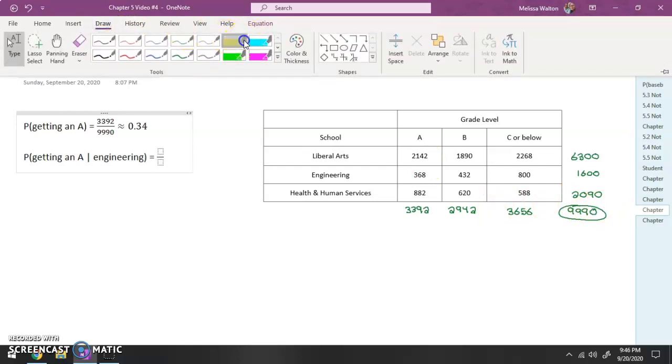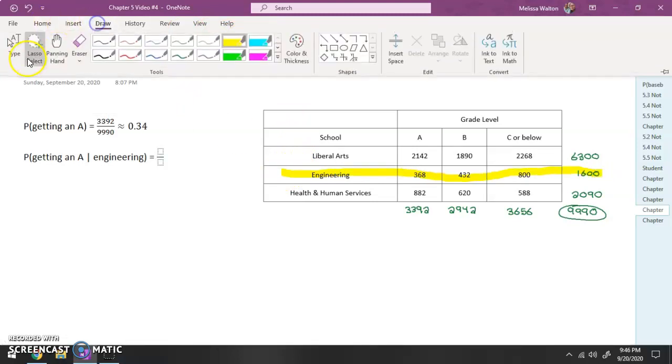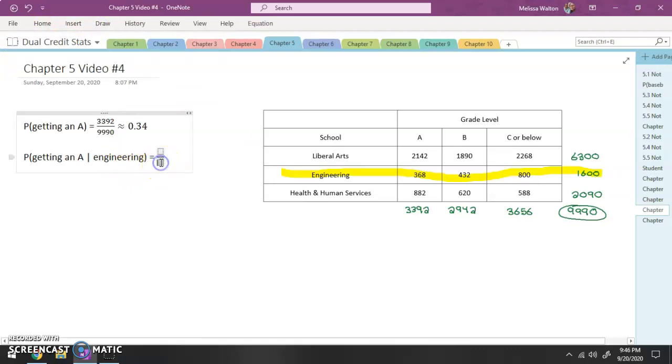I'm only looking at these. Given that I'm in an engineering course, what's the probability that I get an A? Overall, I have 1,600 total people in engineering courses, and out of those 1,600, 368 of them received an A. So that is my conditional probability. If I were to divide those out, 368 divided by 1,600, this is at 23%.